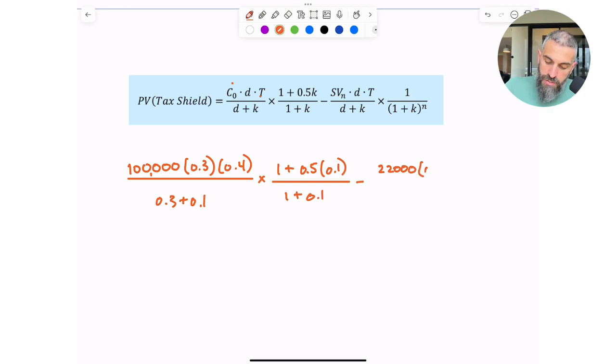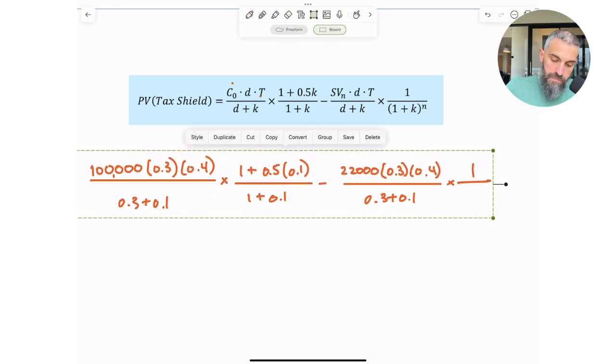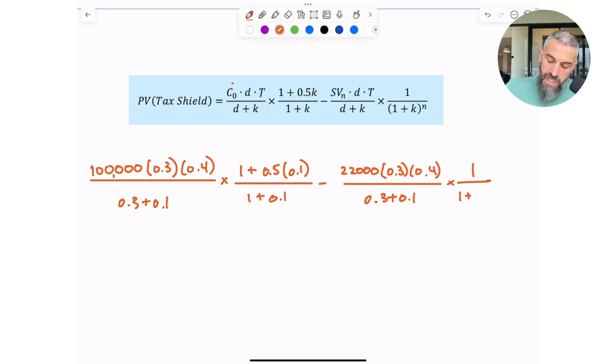Times your depreciation rate of 30%, times your tax rate of 0.4, over D plus K, times 1 over 1 plus K, and your K here is 10%, to the power N, which was 5.